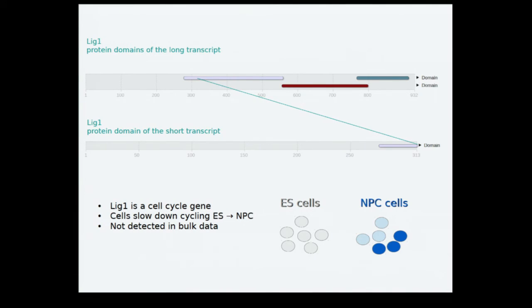However, some NPC cells are still keeping the original isoform, probably because it's delayed or probably just because it's stochastic. But this is what we can find with single cell data. And I need to say that this particular gene is not detected by CAFDIC with the single cell data. So this also shows the advantage of using the single cell data.